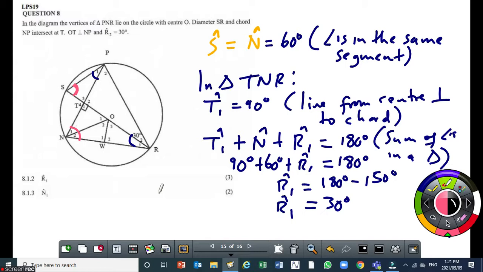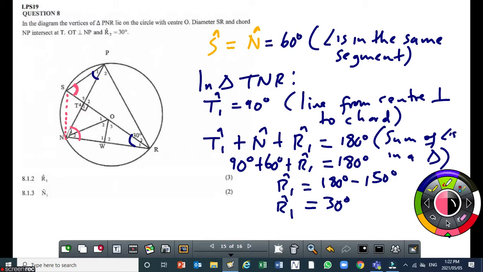So we can construct a chord here, SN. Because point S and point N are on the circumference, you can draw a chord, but the chord is not visible. You need to be aware that it exists. Or we can say arc SN subtends angle P1 and angle R1.